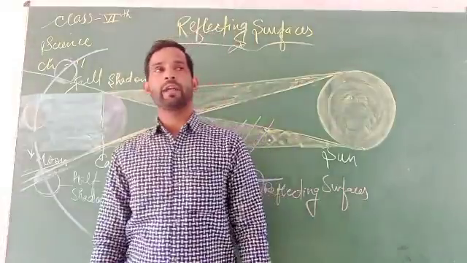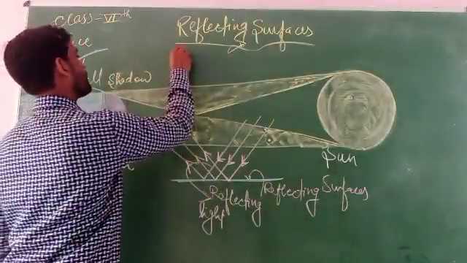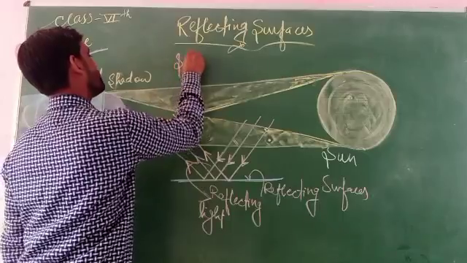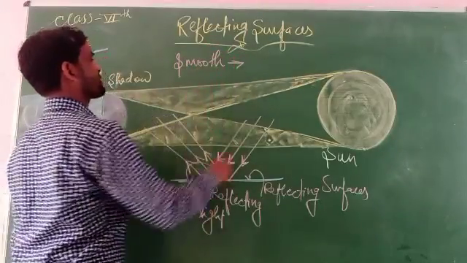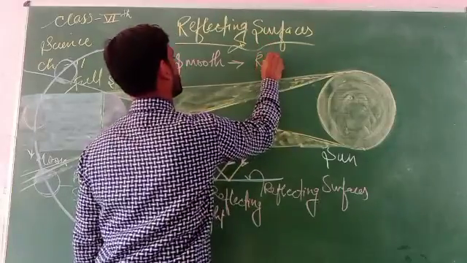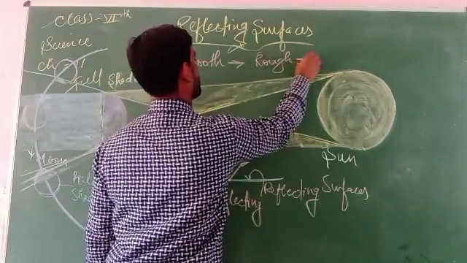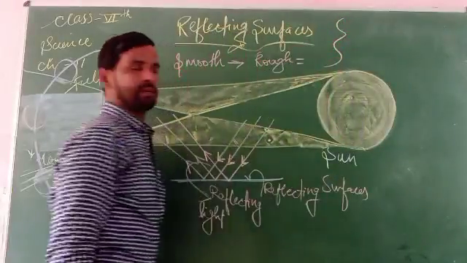A reflection of light might be of two types. The first one is from a smooth surface, and the second one is from a rough or irregular surface.